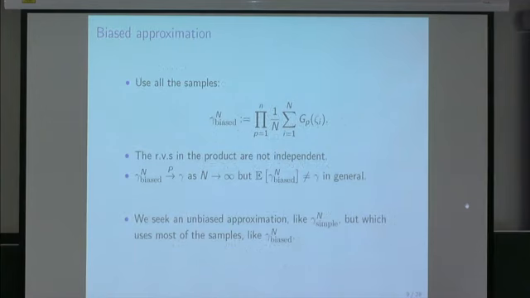Okay. So the biased approximation is even simpler than the simple approximation in some sense. You just use all of the random variables in each term in the product. So these terms in the product are no longer independent, and it's quite easy to see that the estimator is biased, but it's still consistent.